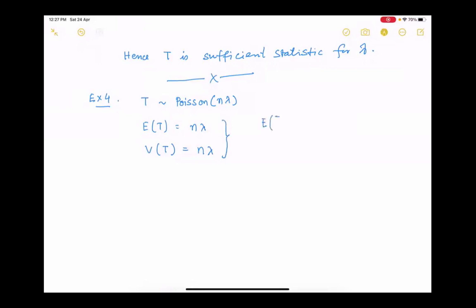We say you take T by n as an estimator of lambda, and then what will be the variance of T by n? Variance of T by n will be 1 by n square times variance of T, and variance of T is n lambda, hence we come up with lambda by n. And what is T by n? T by n is simply X bar, right?